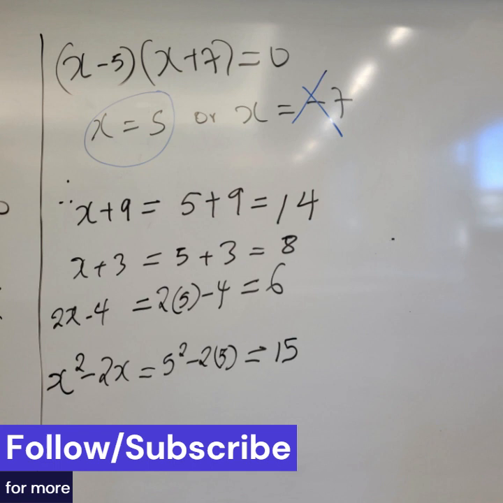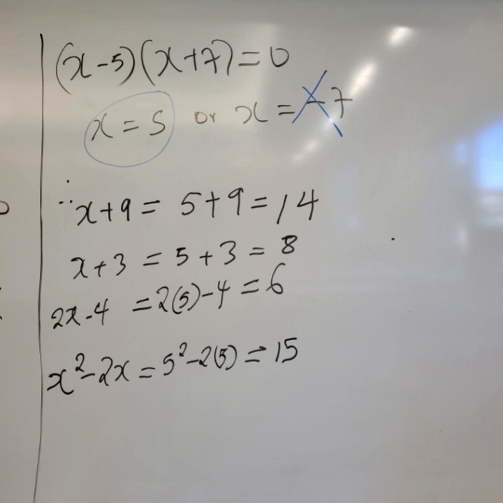That is 10 minus 4, which is 6. Okay? And the side with x squared minus 2x, this is just 5 squared minus 2 into 5, right? This looks like 25 minus 10, right? Which is just 15. Okay.